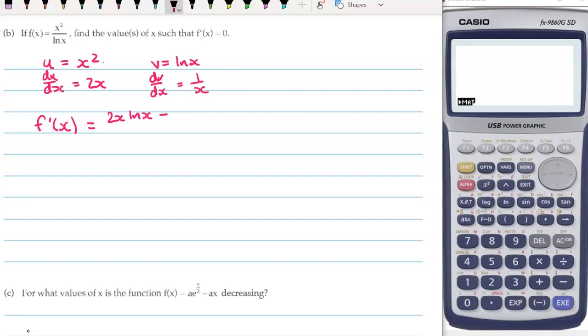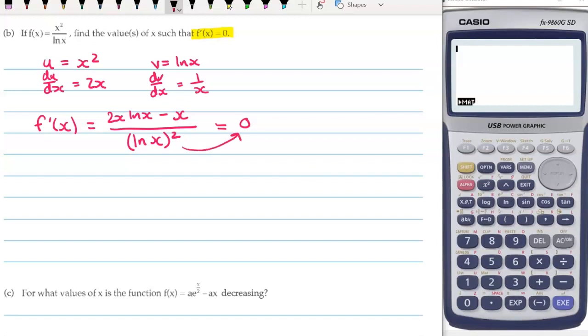Well, if we do x squared times 1 over x, that's going to cancel to x, and divided by v squared, so log of x squared. And we want to find when that is equal to 0. So set that equal to 0.